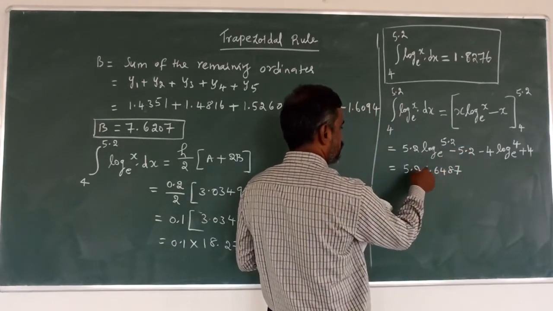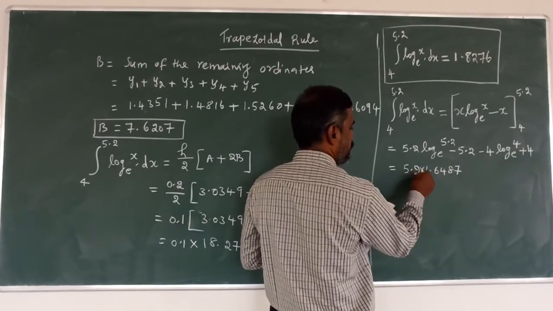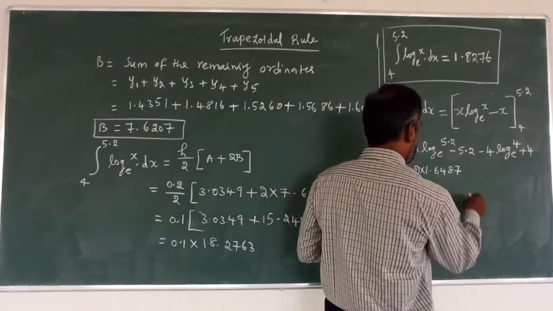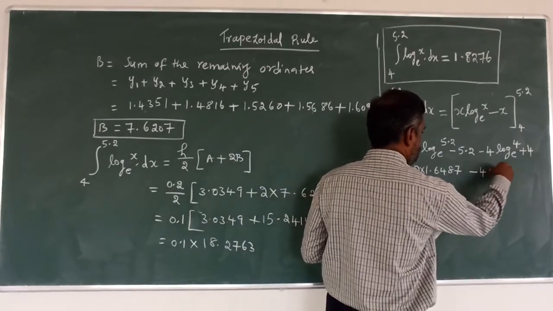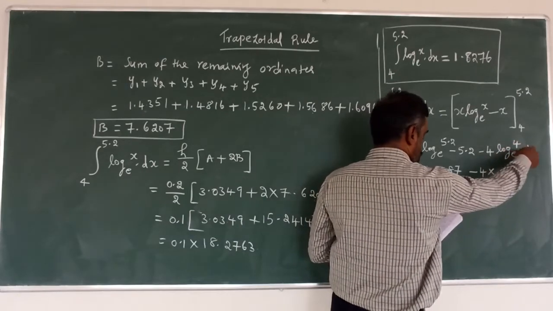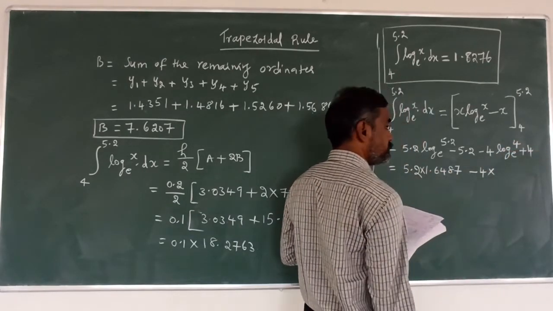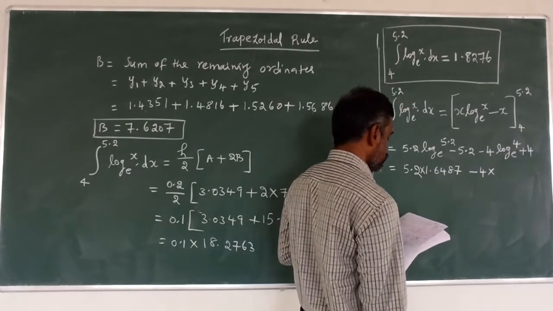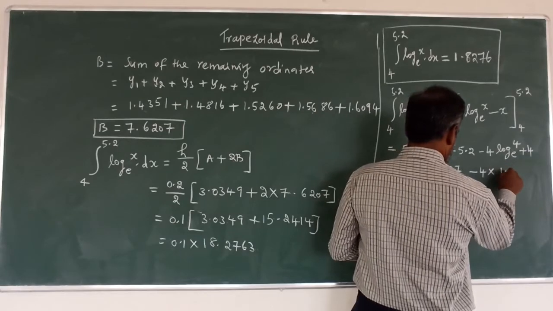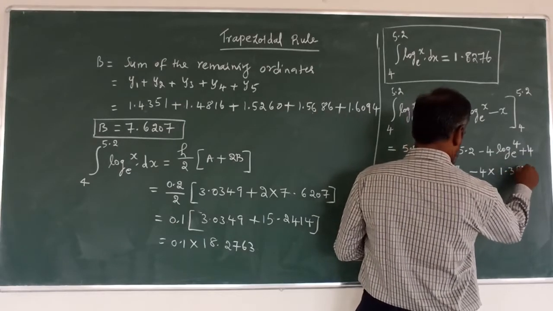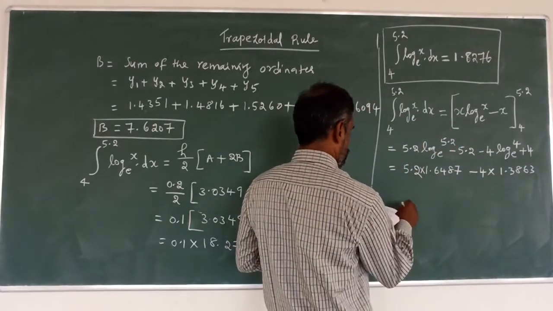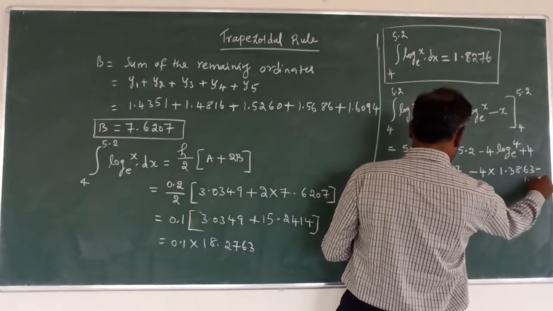Finally we get 5.2 into 1.6487 minus 4 into log e 4, that is 1.3863, and add the 4, that is minus 1.2.